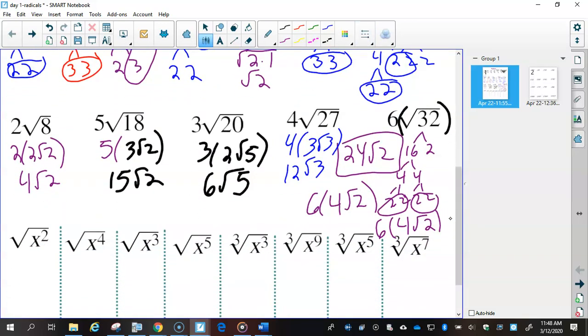So 4 times the square root of 2, 15 times the square root of 2, 6 times the square root of 5, and 12 times the square root of 3.